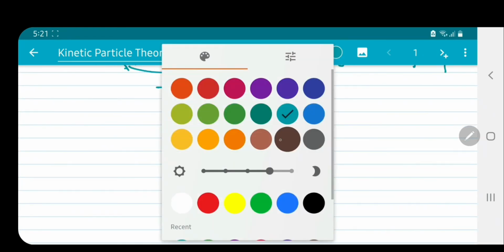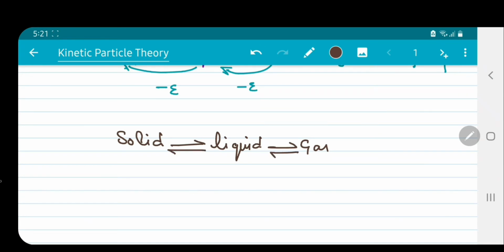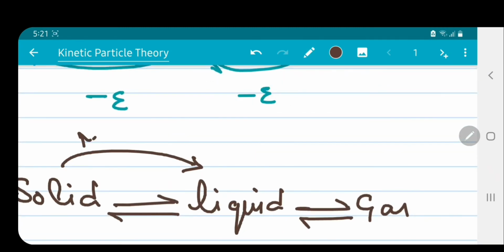Moving on, there are certain names that we use for the processes that involve the conversion from one state to another state. For example, if we convert solid to a liquid, that means we are doing melting.